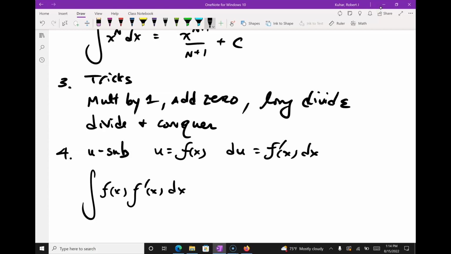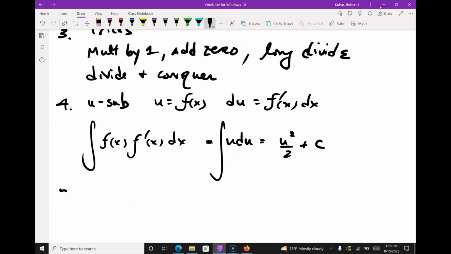You'll have one like this on your quiz today. Level 5 is another U sub, but U is going to be the inside. It'll be an obvious inside.